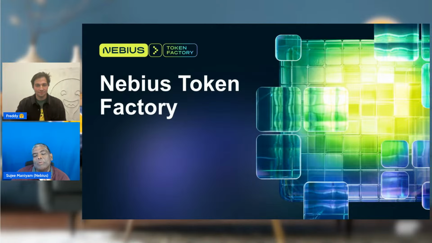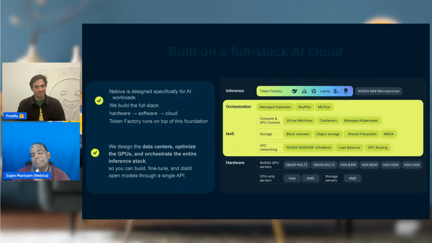Let me give you a quick overview of Nebius Token Factory, and I will show you some of the coding examples that we have. Nebius is an AI cloud built specifically for AI workloads. We control the entire stack, everything from hardware all the way to the serving and orchestrating layer.